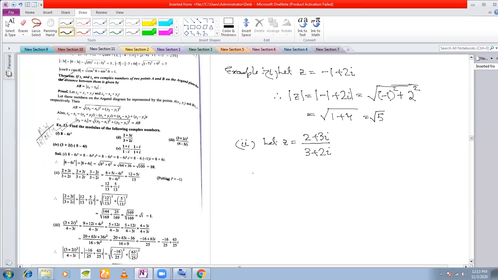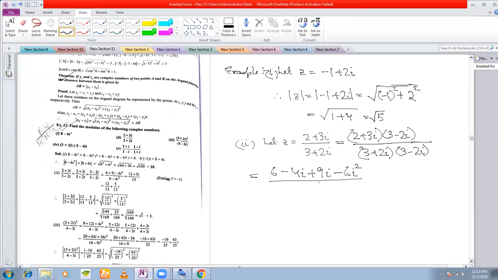We first write this in the form a plus ib. So what you do here is you multiply the numerator and the denominator. Six minus 4i plus 9i minus 6i square, divided by 3 square minus 2i whole square.